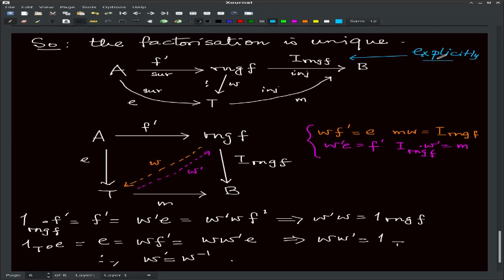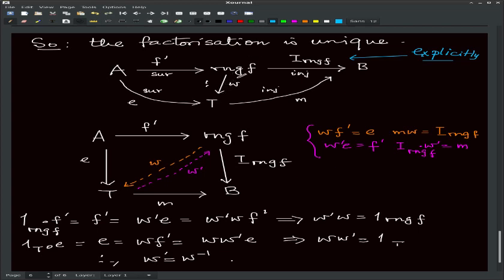To show that, I have now shown that if you had any other expression of f, so here it says that f is a surjection followed by an injection in one way and a surjection followed by an injection in another way, then this T and range of f are in bijective correspondence.